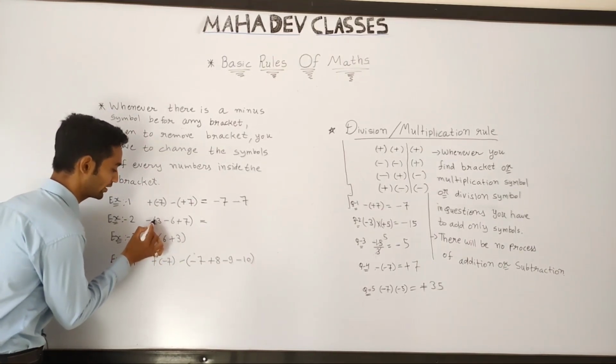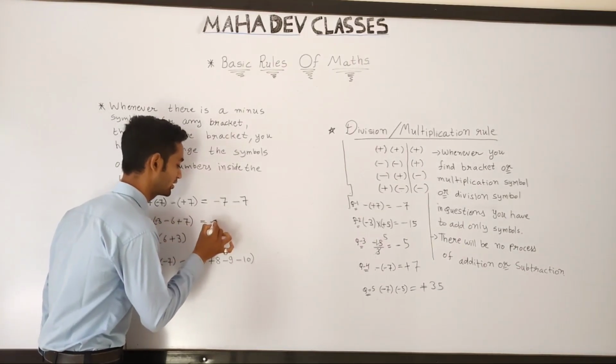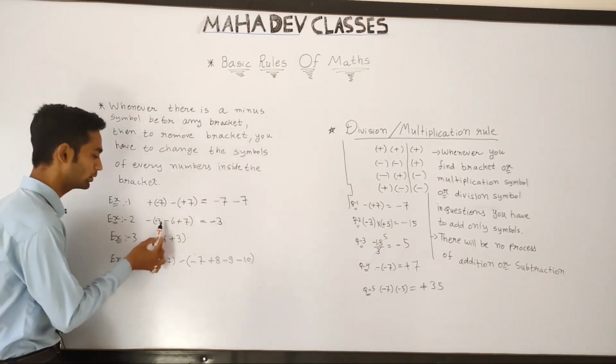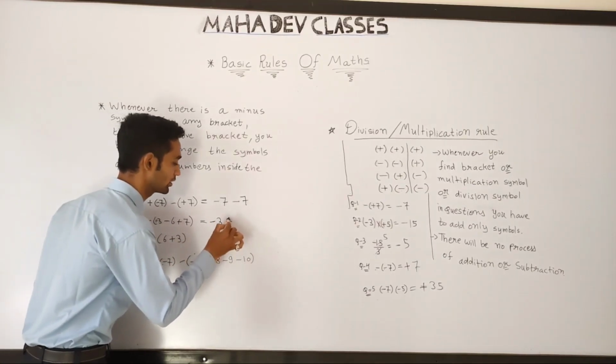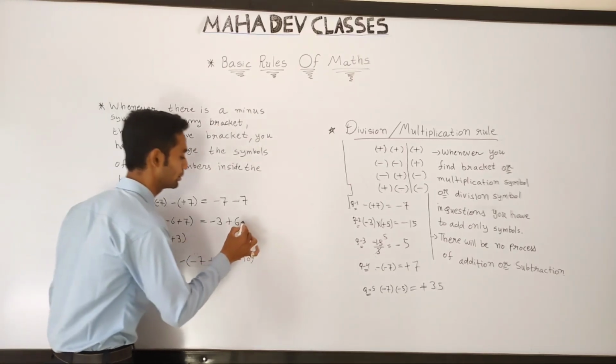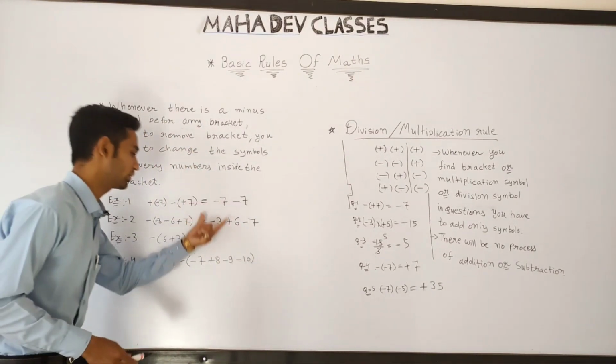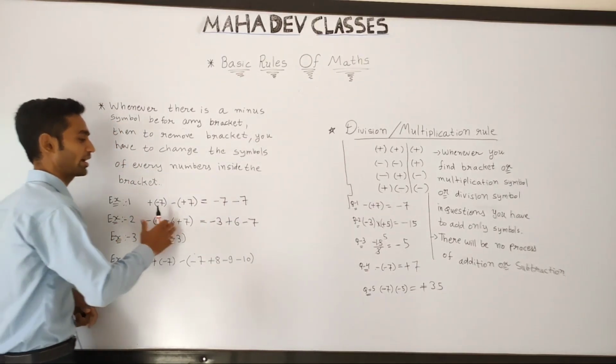There is no sign, it means it is a plus one, right? So it is a plus, then we will write here -3. Now here is minus, then we will put here +6, and here 7 is plus, that's why we will put here -7. Okay, so simply we can remove brackets like this.